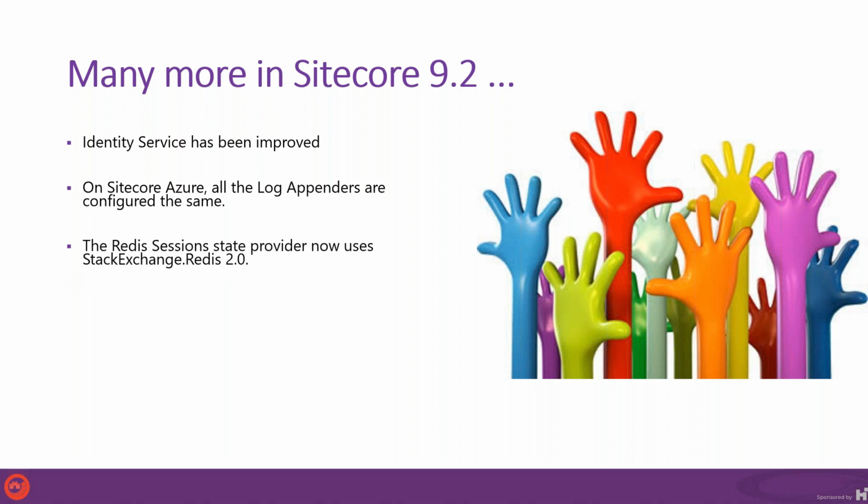The next one is that the Redis session state provider now uses the latest StackExchange.Redis 2.0 version. So what is Redis session state? It is a session state provider which will use the Redis cache to store the session in place of InProc or SQL Server. So it will use a Redis cache to store the session data.